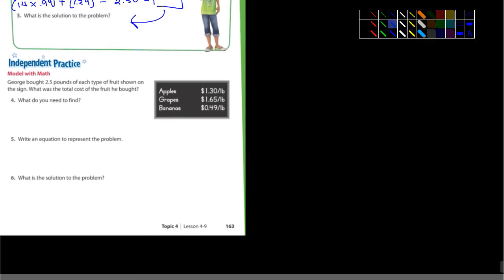Independent practice. George bought 2.5 pounds of each type of fruit shown on the sign. So 2.5 pounds of each. What's the total cost of the fruit he bought? You guys can do that. What do you need to find first? Okay. 2.5 times the cost of apples, 2.5 times the cost of grapes, and 2.5 times the cost of bananas. Write an equation to represent the problem.